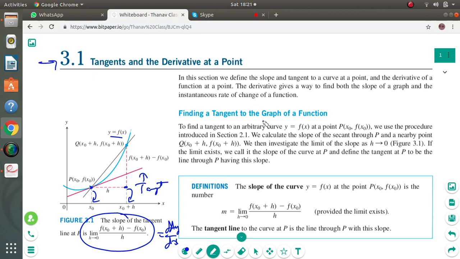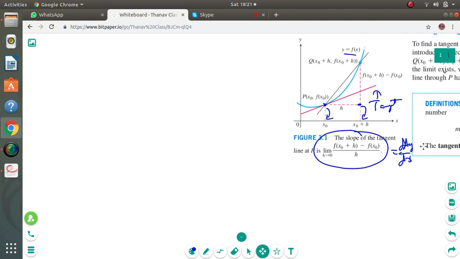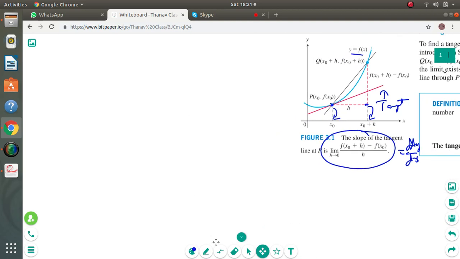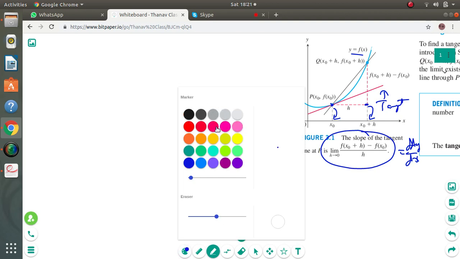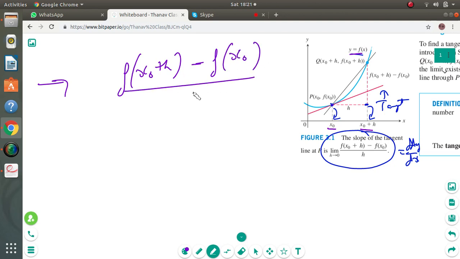So here we are now finding a tangent to the graph of the function. So let's discuss this now. This is y equal to f(x). A tangent at this point, x naught plus h and x naught, is f of x naught plus h minus f of x naught, divided by h, with the limit h tends to 0.